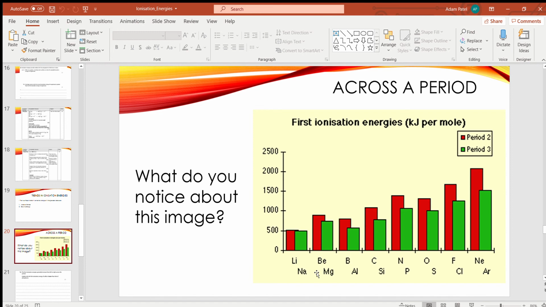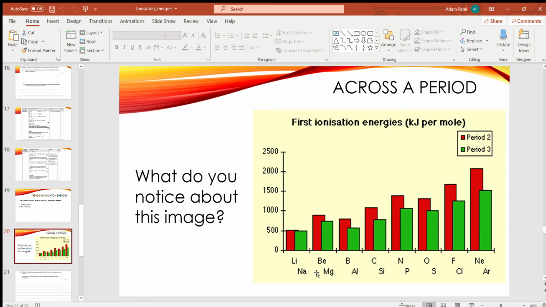The other exception to the rule is between group 5 and 6, so if you look at nitrogen, oxygen, and phosphorus and sulfur. Nitrogen, remember, is 2p3, oxygen is 2p4, and according to Hund's rule, electrons singly fill orbitals first in either p or d, for example.